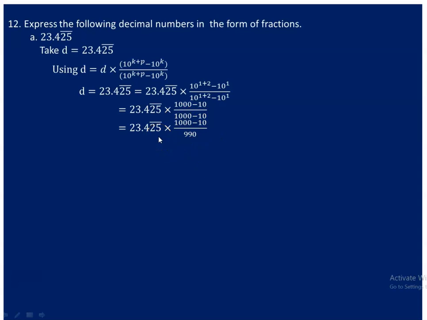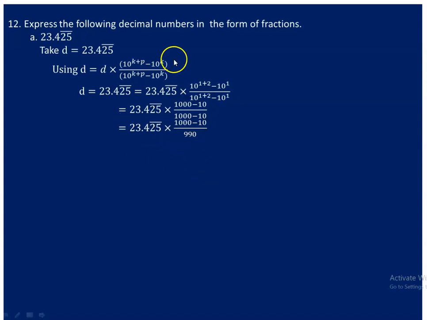Now here, there is one thing that I would like to tell you, and that is, look, this number is 23.425 having bars on 2 and 5. What do you mean by saying that? This means 23.4252525. These two digits, 2 and 5, are repeating throughout to the right side. So what we need to do when we multiply with 1000 is move the decimal point 3 digits to the right.